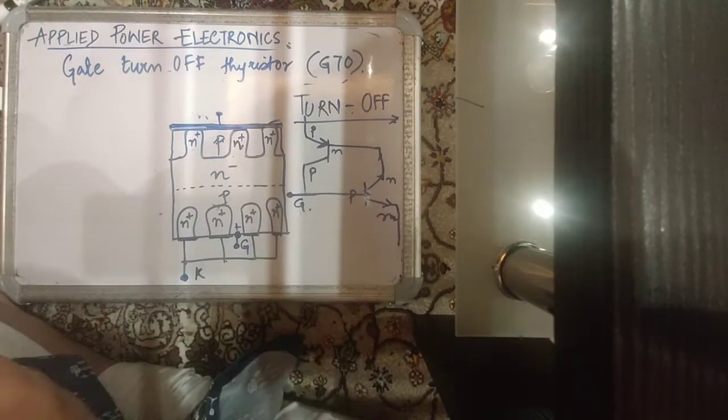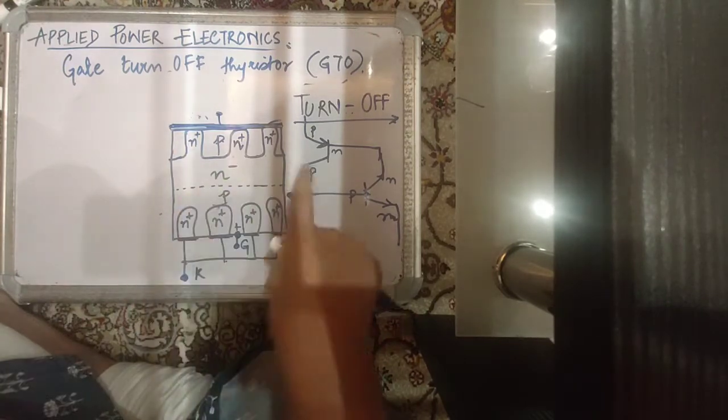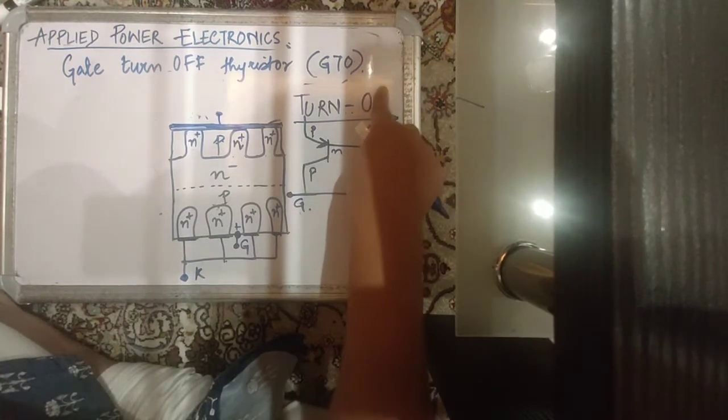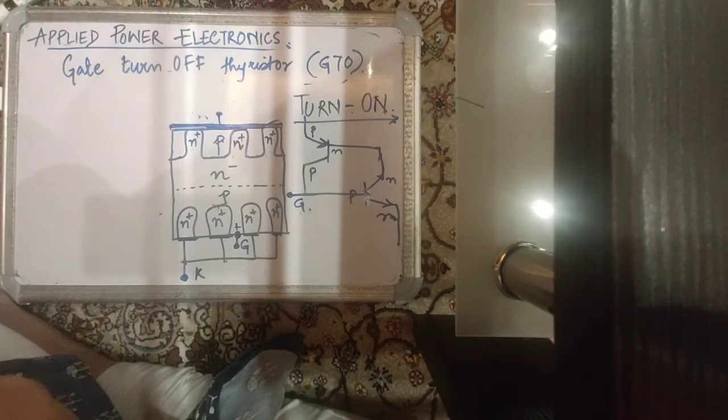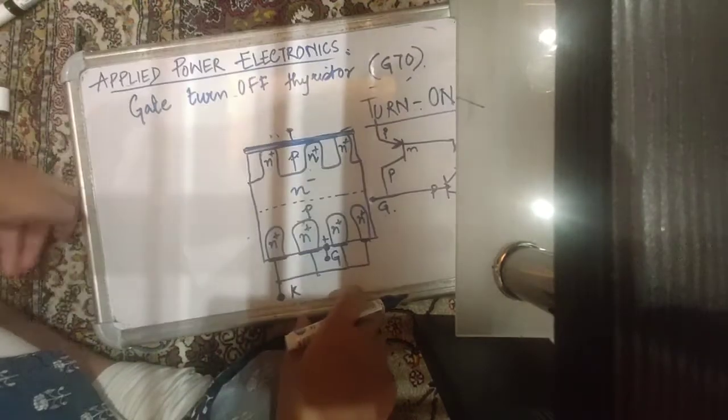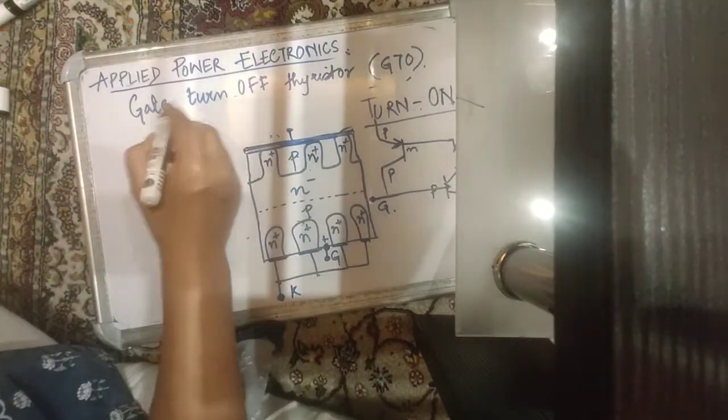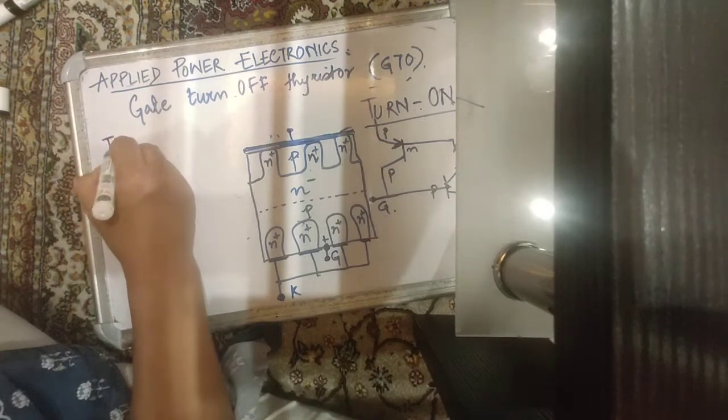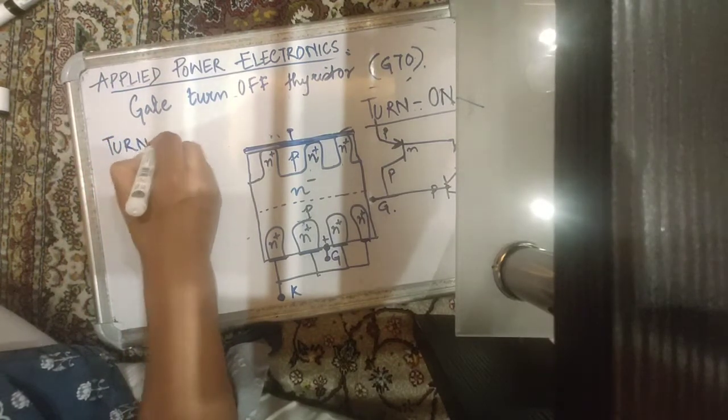It's a cumulative positive feedback process, and both those transistors go into conduction eventually. So we are talking about the turn on process. The turn on process of an SCR and that of a gate turn off thyristor are more or less the same. Now the difference lies in the fact that a gate turn off thyristor or a GTO can actually be turned off through a gate current.